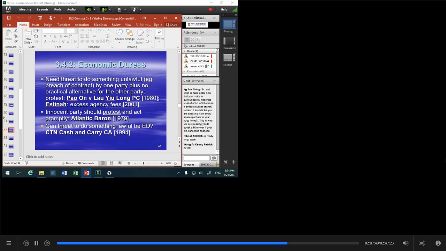Okay, so the point is that if that case was decided today, the wife would succeed, okay? Because the law had changed with the Pitt case, in which, with regard to actual undue influence, the weaker party doesn't have to show manifest disadvantage. Okay, so that's actual undue influence.